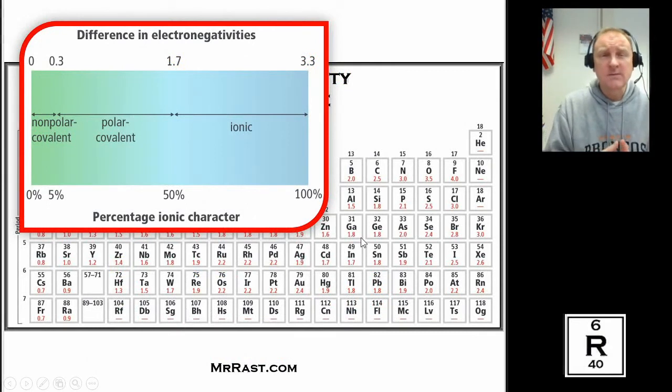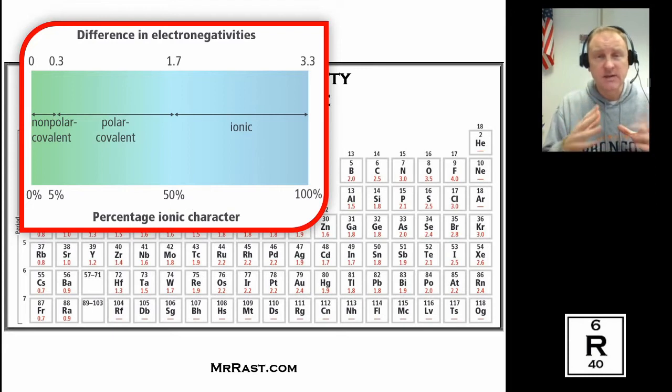So what do these numbers mean? How do I know when it's polar covalent, and when it's ionic? So when you take a look at these values, when you subtract them, if the electronegativity difference is greater than 1.7, then that would be an ionic bond.